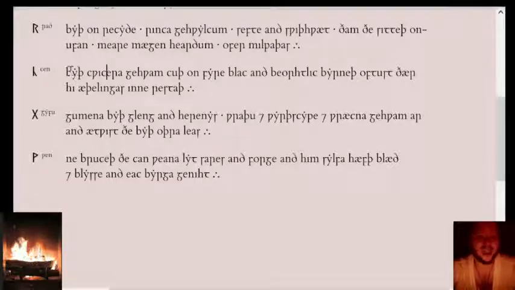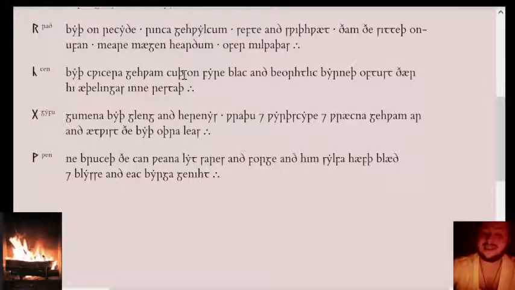So ken, whatever ken is, ken means like you relate to a character. It's not kin. It's ken. Yeah. So ken bith quicera Yahwam kuth on fira blac and beorhtlice. So ken is to each among the living.